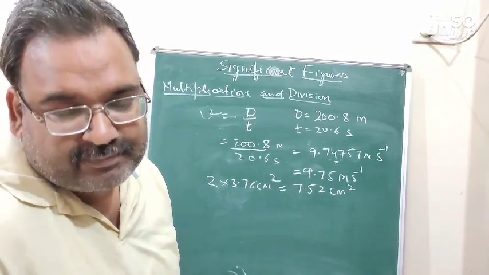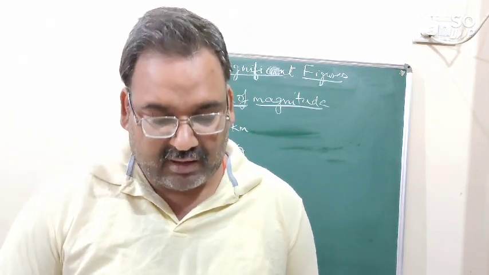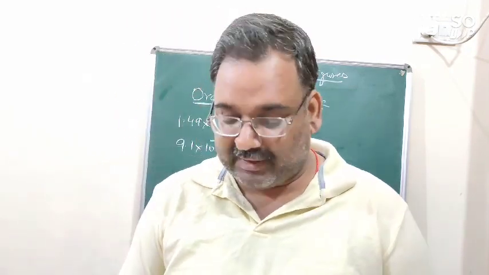Okay. The next point that we will discuss is the order of magnitude. If we write a quantity whose magnitude is in the nearest power of 10, then the nearest value obtained in its power is called the order of magnitude. अगर हम कोई नंबर लिखते हैं into 10 raised to power something, तो उसका हम क्या निकालते हैं?